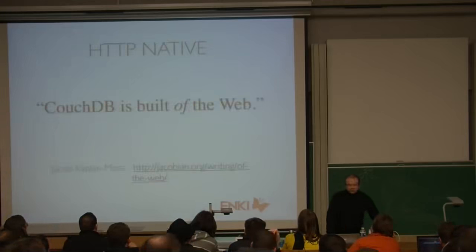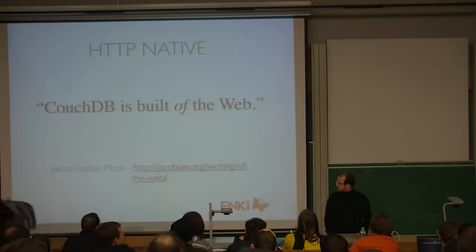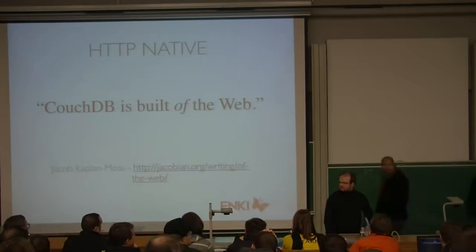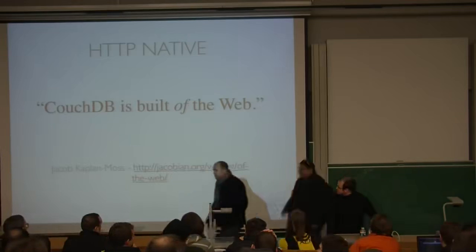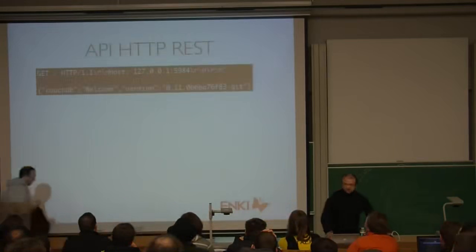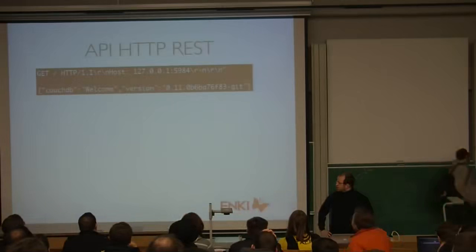Jacob Kaplan-Moss, one of the leaders of the Django project, said CouchDB is built of the web. That means that CouchDB is built with an HTTP interface, but it is built to create HTTP applications too. So the first thing when you install CouchDB is to go to the URL.